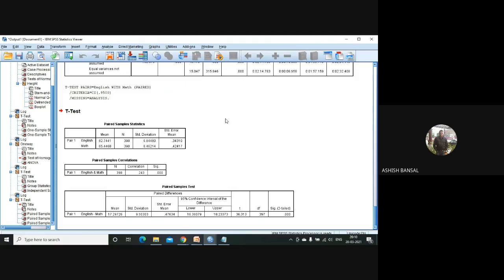But you were mentioning that in paired group we take only one group and we do some experimentation and then we see the result. Now see, the same student. You have taken one student and exposed that student to two exams, one is English exam and one is math exam. The student remains the same. Now his score under two different situations, when he has taken the English exam and when he has taken the math exam.